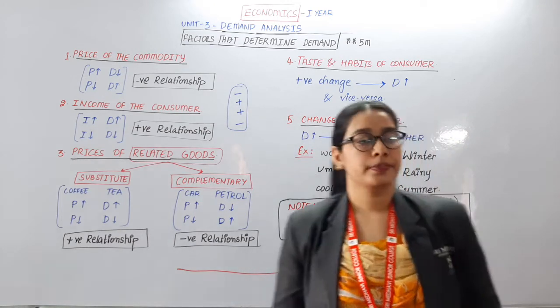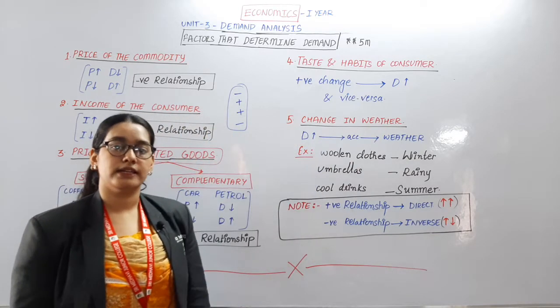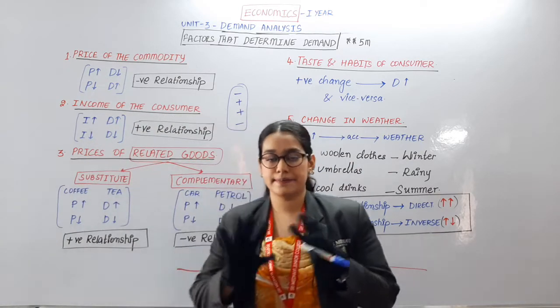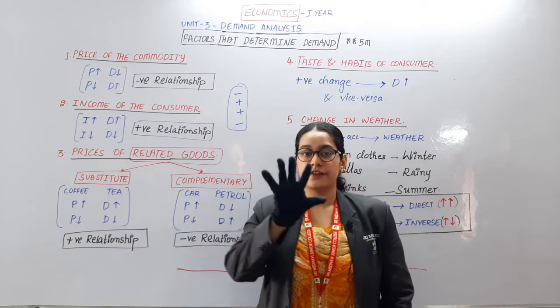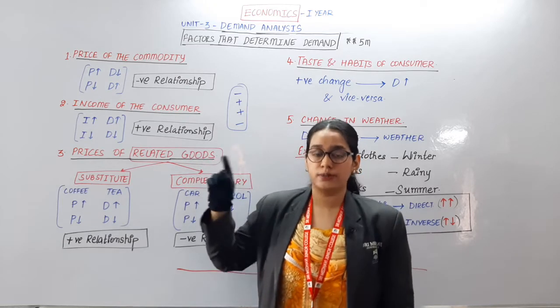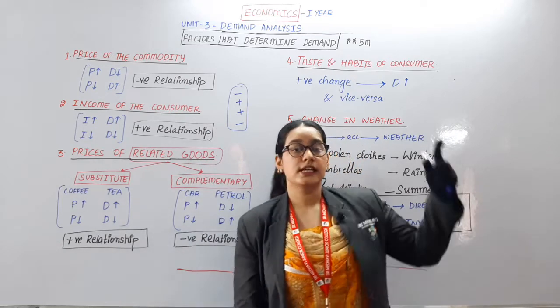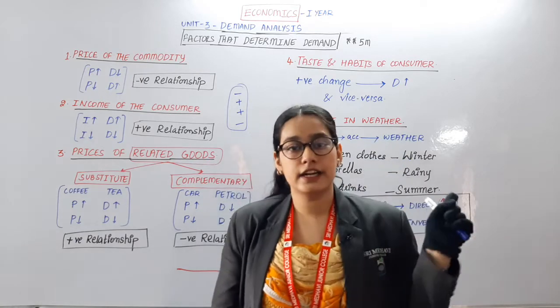Is that clear? Fourth point is about taste and fifth point is about weather. So this topic is completely finished. The factors that determine demand are five side headings: price of the commodity, income of the consumer, prices of related goods, taste and habits of the consumer, and change in weather condition.